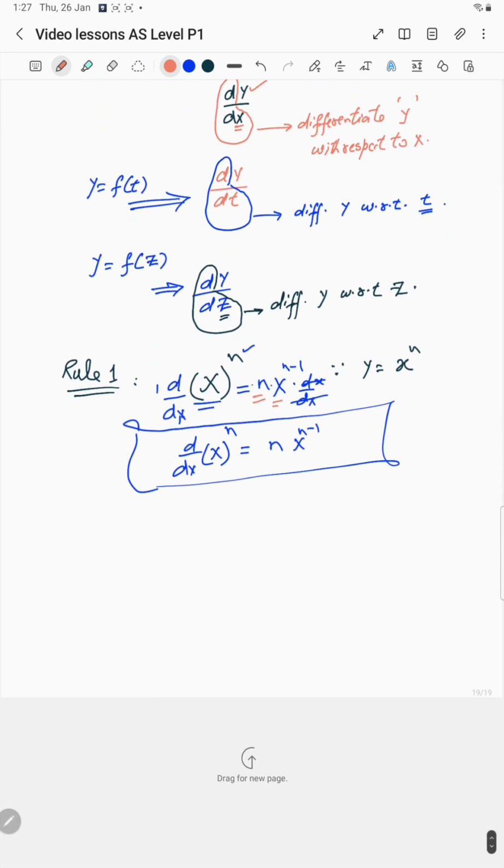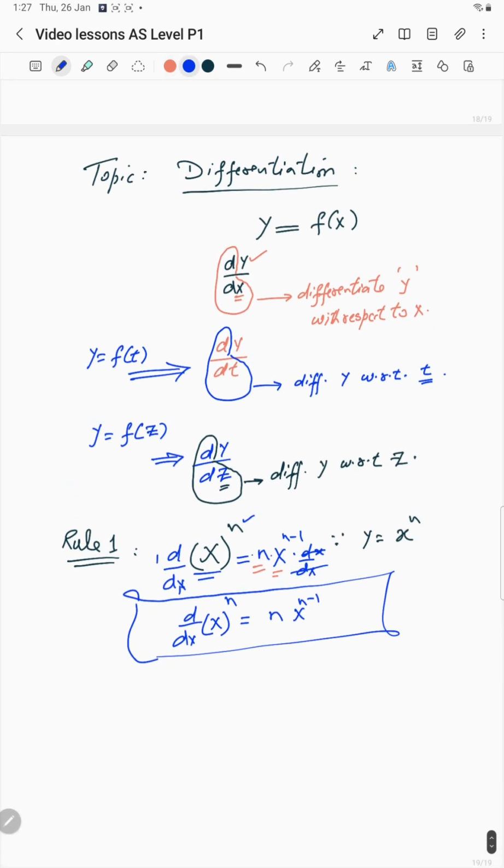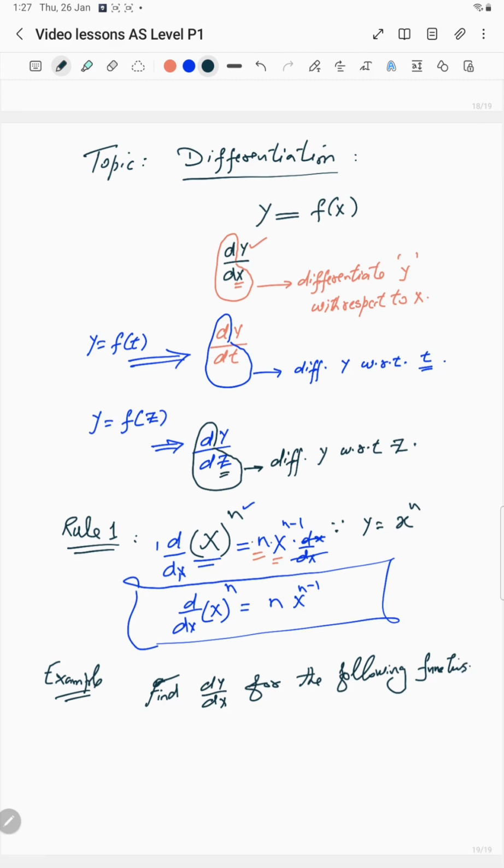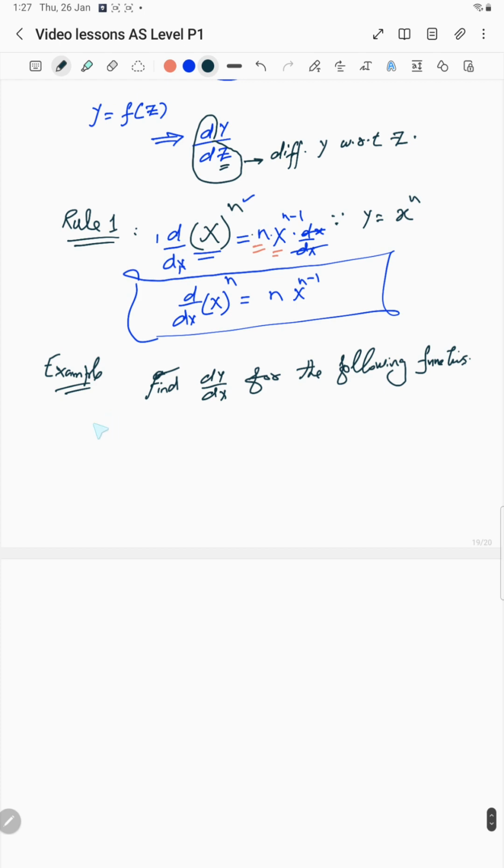Before I switch to the next rule, I want to discuss a few examples based on this rule. Say example, find dy by dx for the following functions. Say I have y in terms of say x power 3.